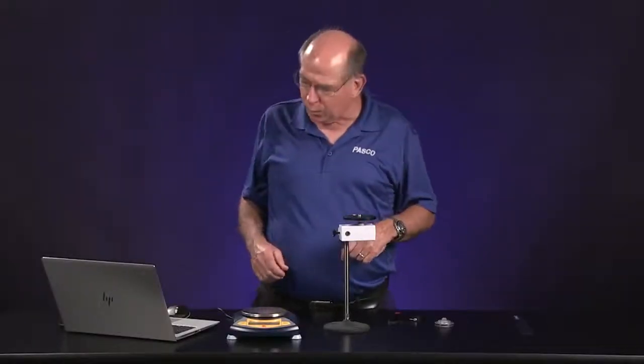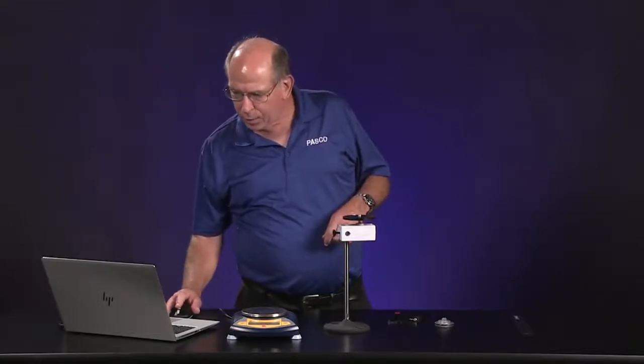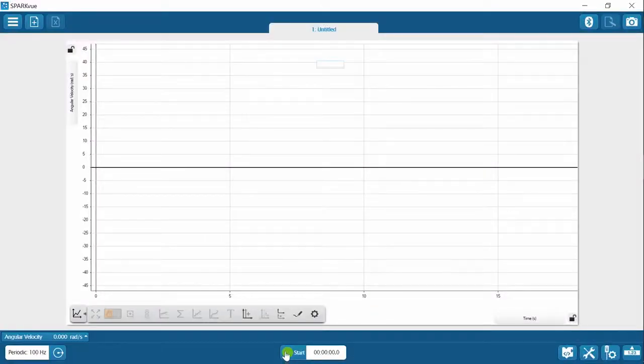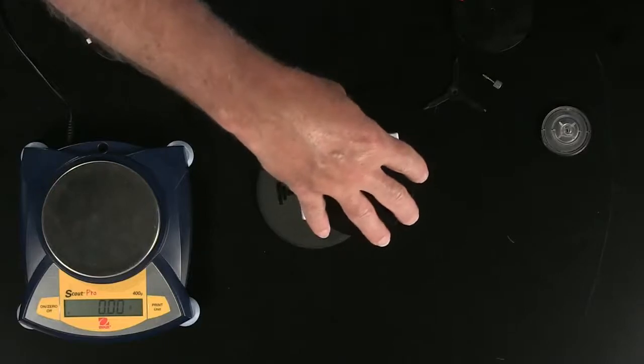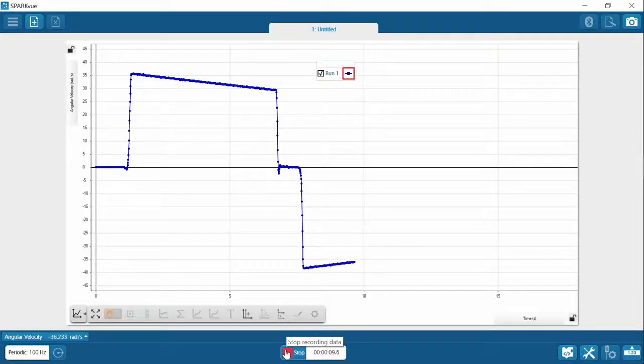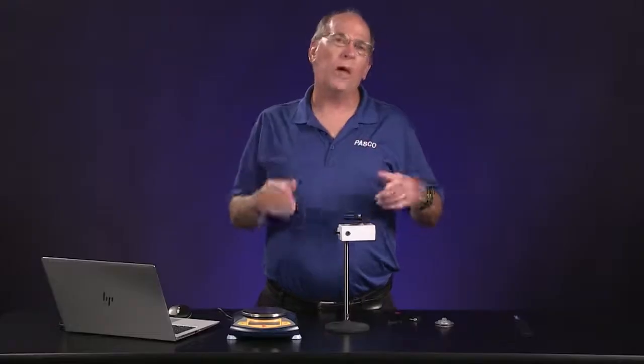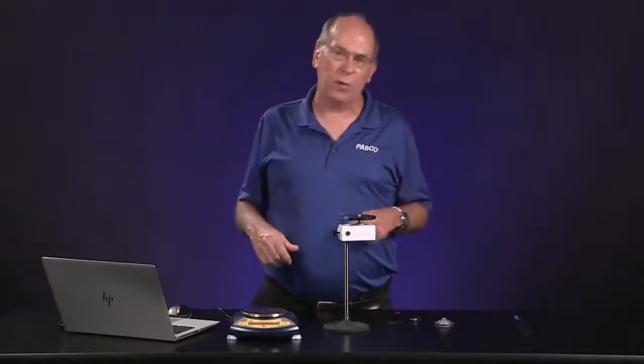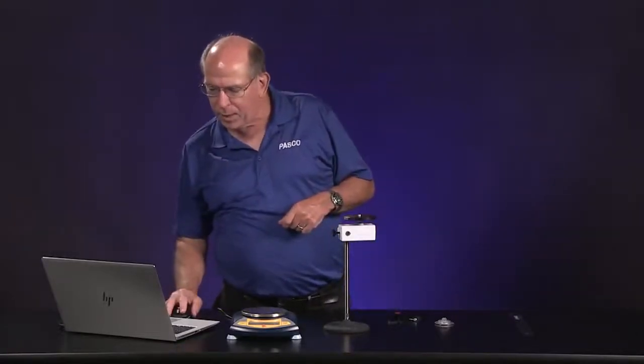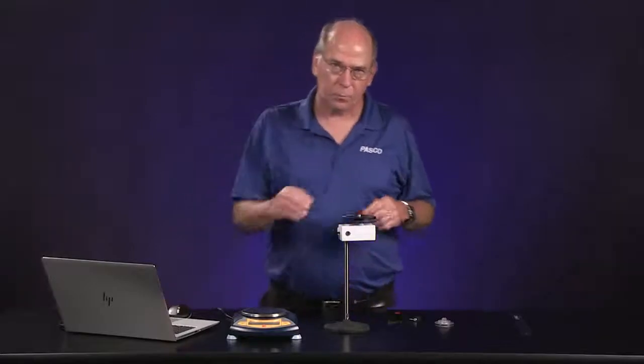And just to give you an idea what the data looks like, this is our angular velocity time graph. If I hit start and give it a spin, it measures the angular speed in radians per second. If I spin it clockwise, it's a negative value. So I'm going to try to spin it counterclockwise so everything's positive in the lab. That might make it a little easier.